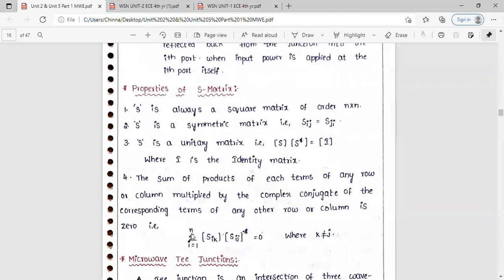You can see here sigma i is equal to 1 to n, Sik into Sji conjugate is equal to 0, where k not equal to j. In that condition only it will be 0.